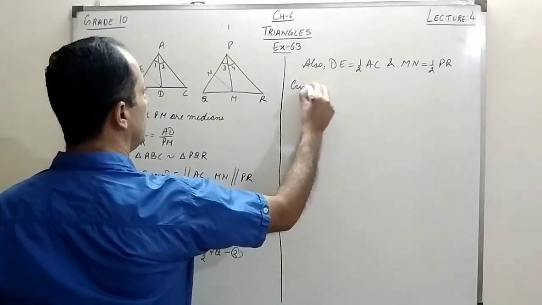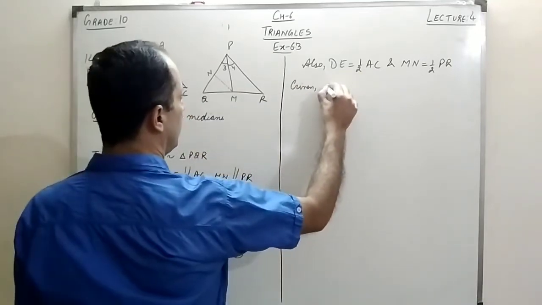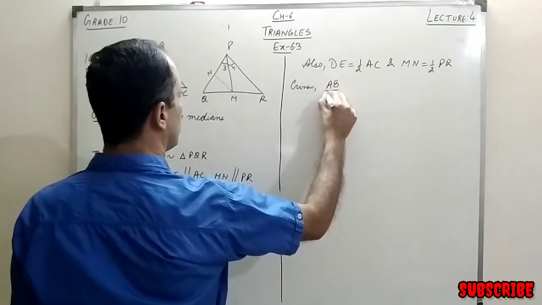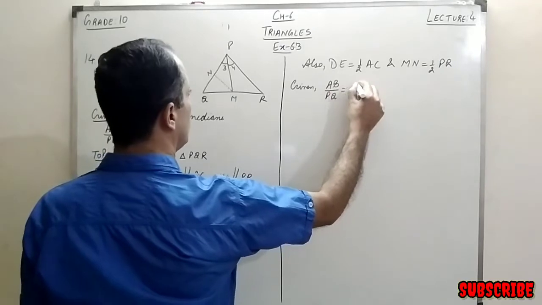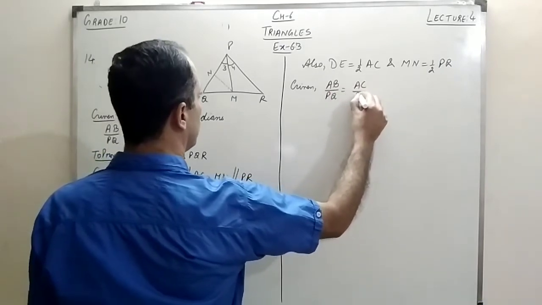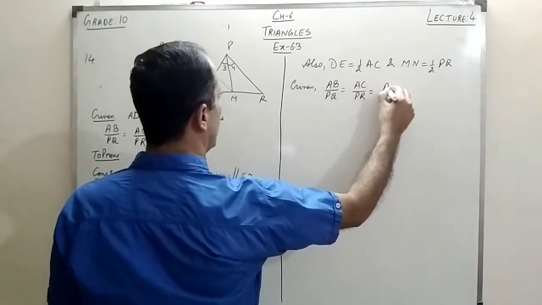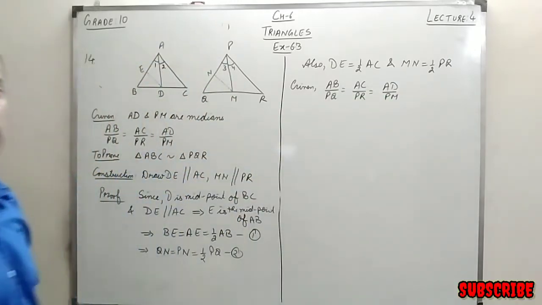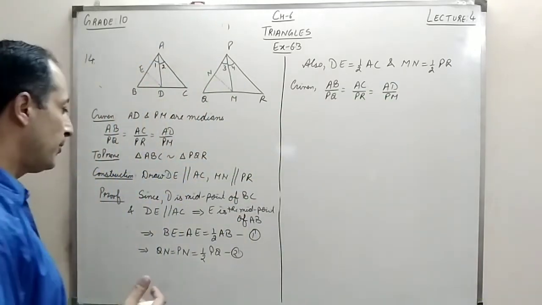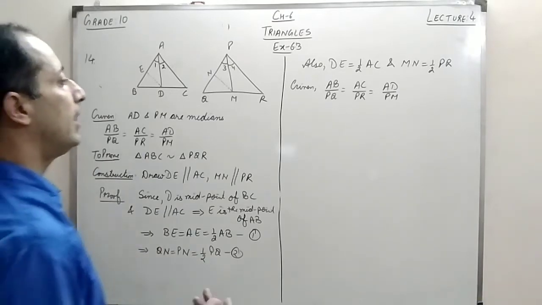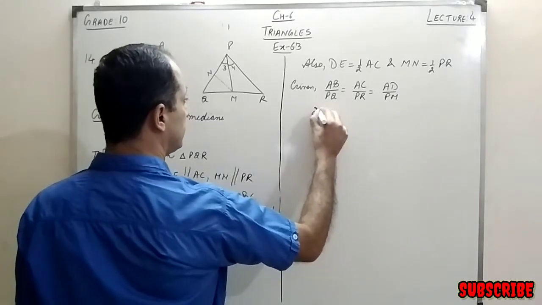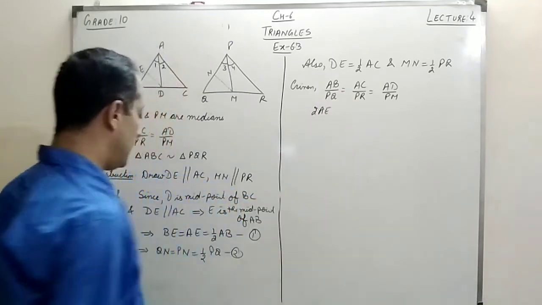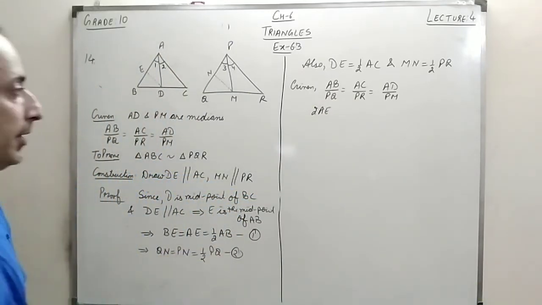Now, I take the given condition. Now it's given to me that AB by PQ is equal to AC by PR is equal to AD by PM. Now I change. What I do? Instead of AB, I write 2AE. Why? Because AE is half of AB.